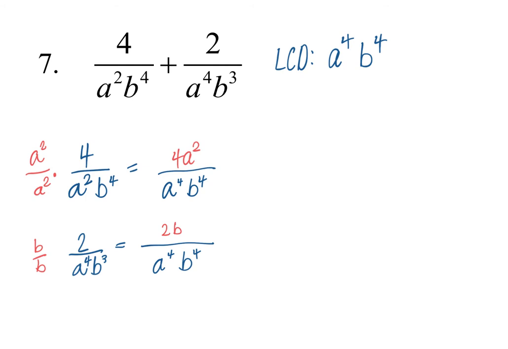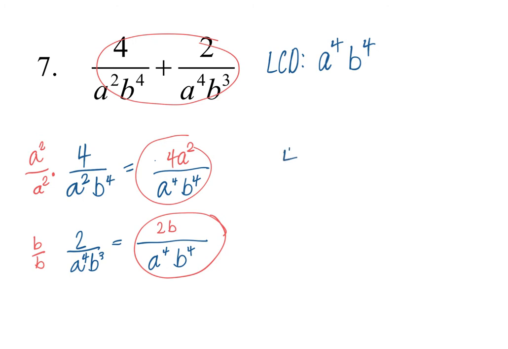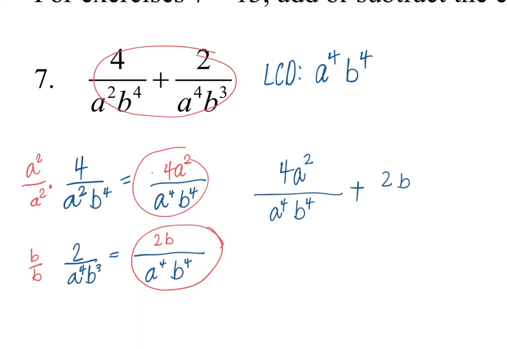So now that we have the two equivalent expressions, we can rewrite the original to say, instead of 4 over a squared b squared, we can say 4a squared over a to the fourth b to the fourth plus, instead of 2 over a to the fourth b cubed, we will have 2b over a to the fourth b to the fourth.